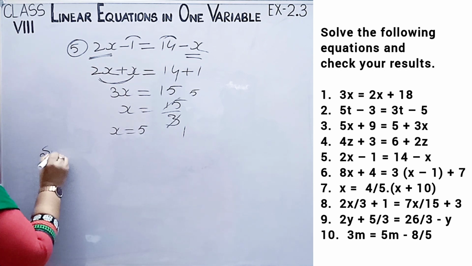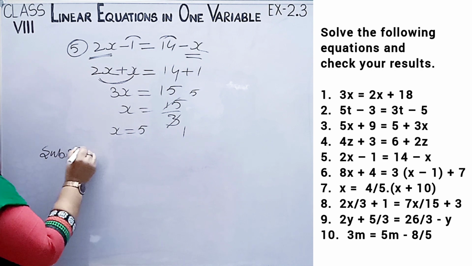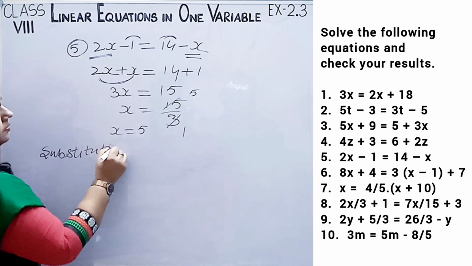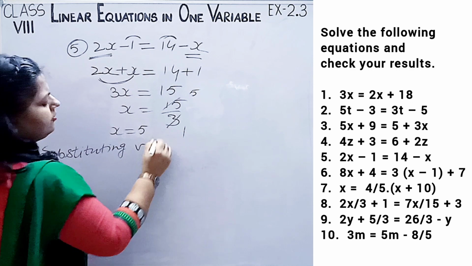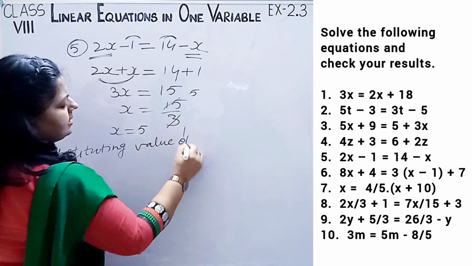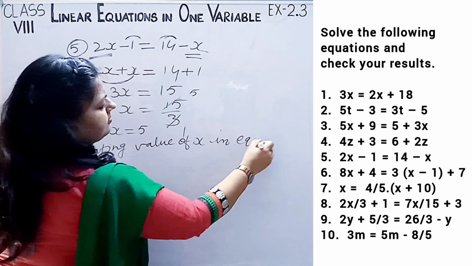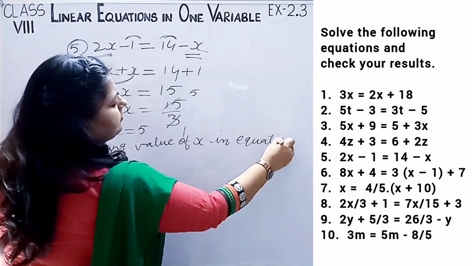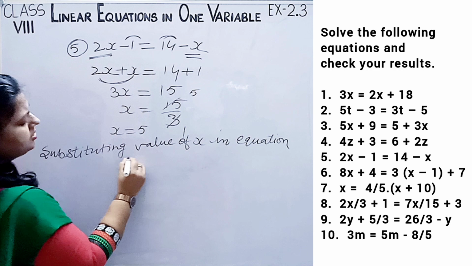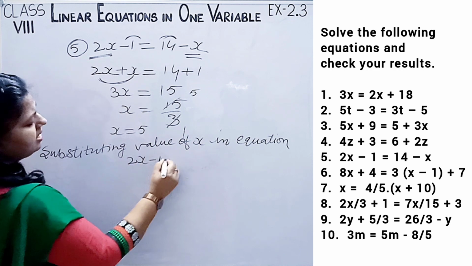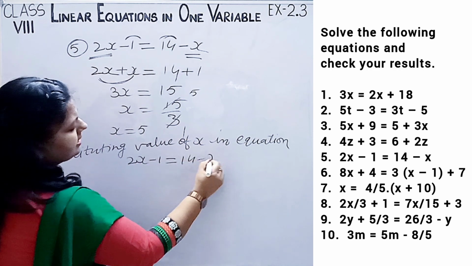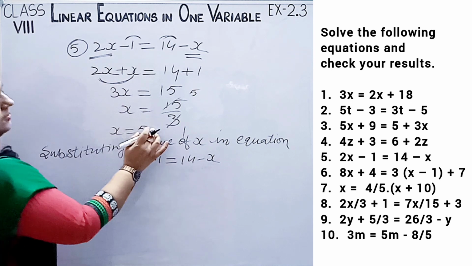So substituting value of x in equation. Our equation is 2x minus 1 equal to 14 minus x, and x is 5.